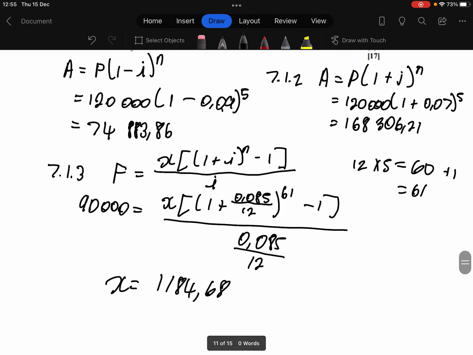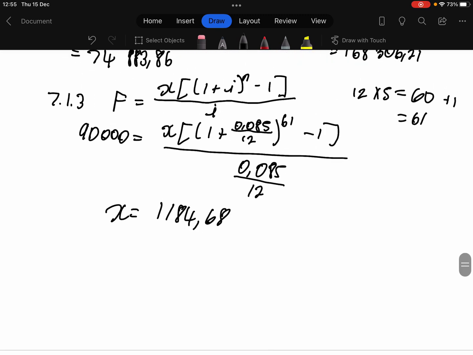So I'm just going to write down our present value formula. 7.2. P is equal to x into 1 minus (1 + i)^-n, all over i.